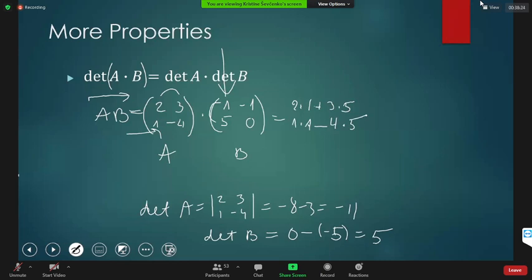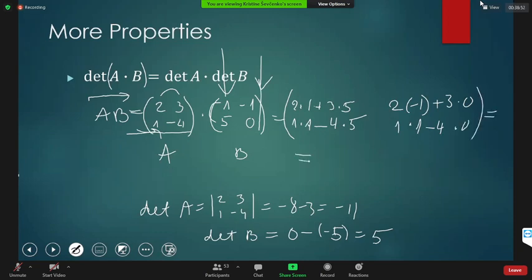The elements of the second row of the first matrix times the elements of the first column of the second matrix. First row, second column will be 2 times minus 1 plus 3 times 0. And second row, second column: 1 times minus 1 minus 4 times 0.